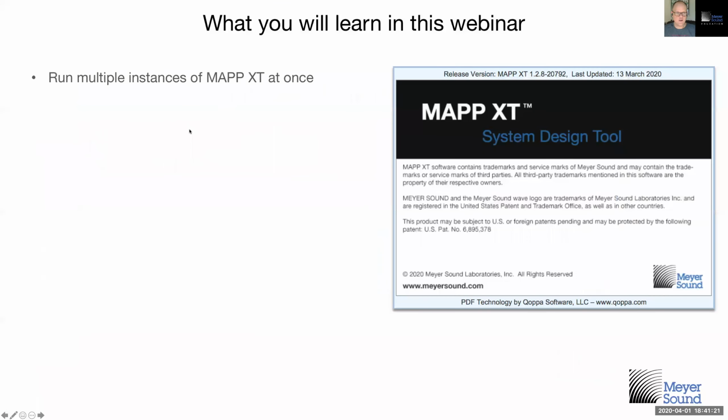Today, we learned how to run multiple instances of map_xt at once. In an Apple ecosystem, you have to duplicate the application several times. Working in multiple dimensions can also be done. Downtilt translation: how do I put the propagation plane parallel to the drawing plane? That is the downtilt translation process.